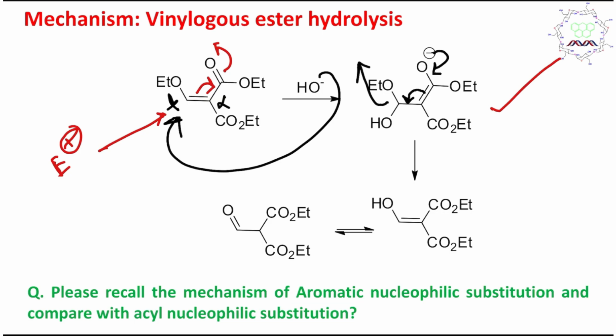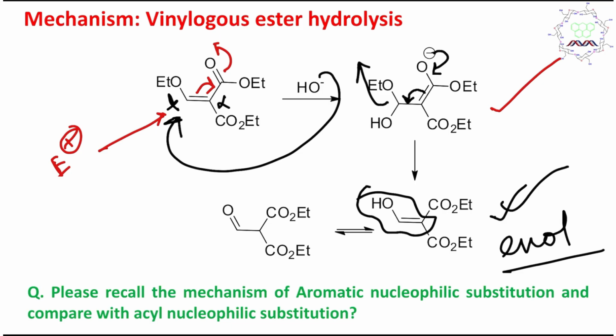Second, it comes back here, and this leaves. And ultimately what does it produce? Obviously this. But students, remember, this is still an alkaline medium, and this is actually an enol. We know that an enol can undergo tautomerism, or better to say keto-enol tautomerism, and ultimately it can convert into this compound. So this is carbonyl, and by the way, if you look at this compound, there is also one proton.